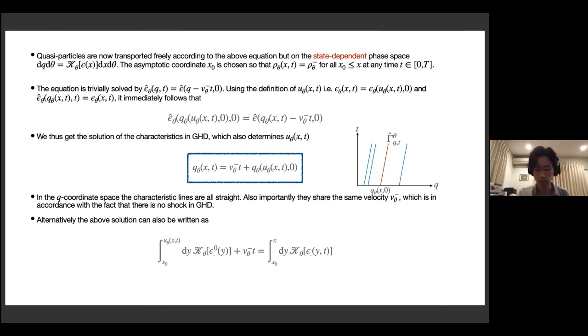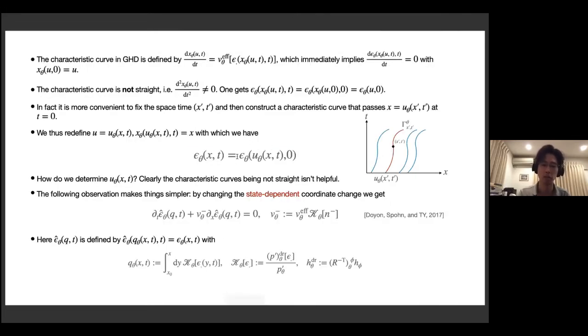But after all this being said, maybe you don't really have to understand this derivation. The only thing you need to know is that there is a way to solve the initial value problem in GHD, and all you have to do is to define U theta of x and t through this kind of integral equation, and you plug that in here, and you get the solution for a variety of initial conditions.